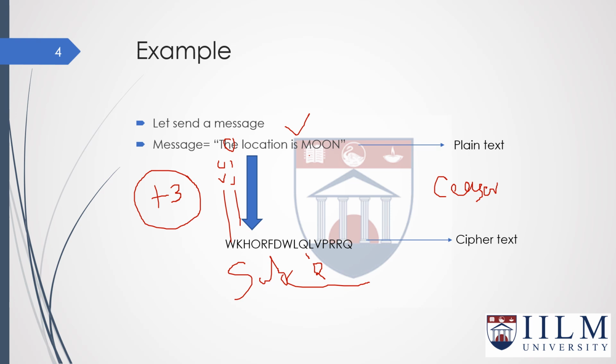We need to discuss one of them in today's class. So before going to that particular algorithm, that is known as Playfair cipher, we need to understand, or we need to define, what is a substitution cipher.